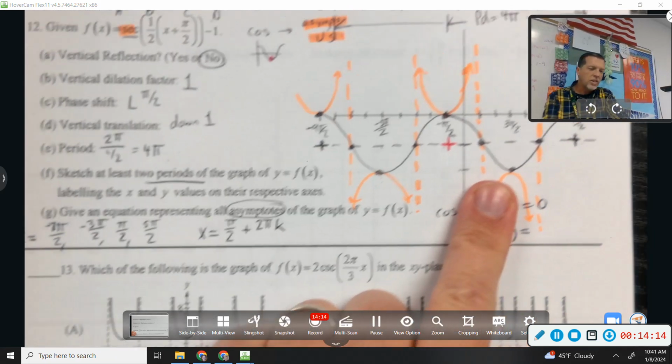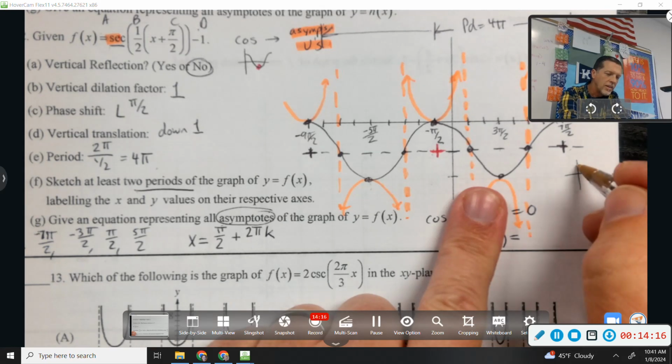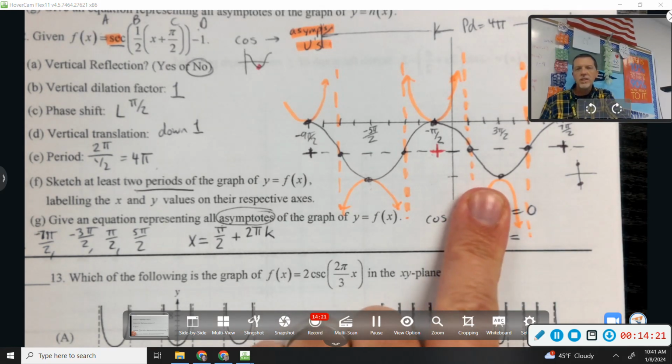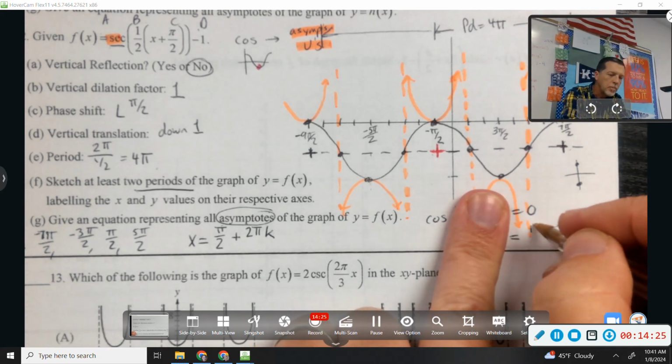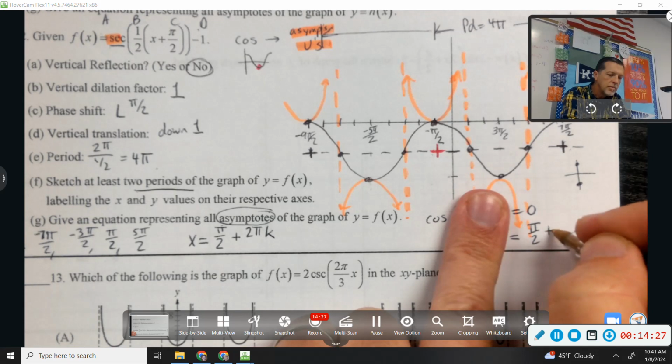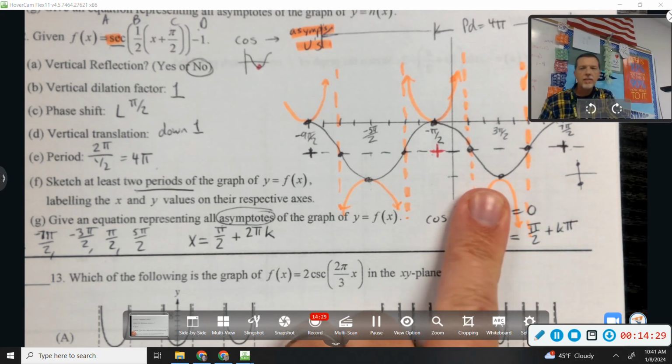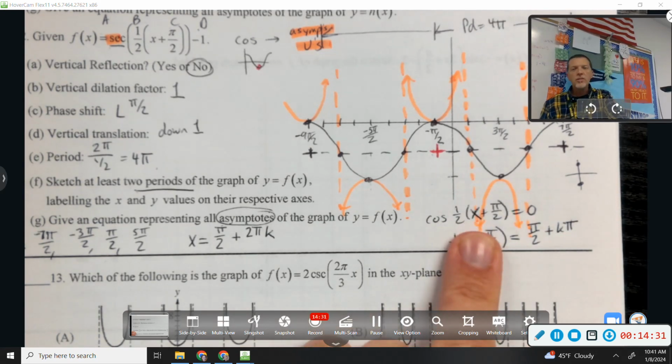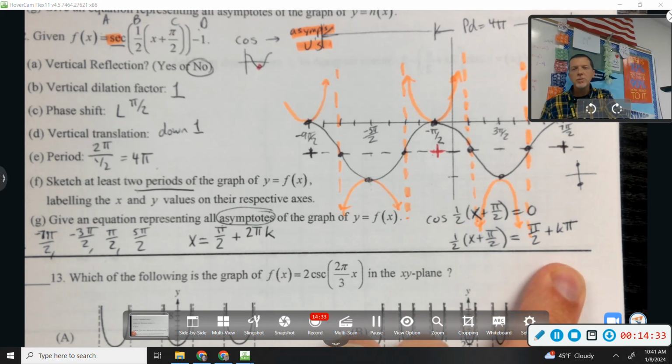Where is the cosine equal to 0? Let's think about unit circle stuff here. So that happens at pi over 2, and every pi after that. So wherever that argument is pi over 2 plus k pi, there's going to be an asymptote.